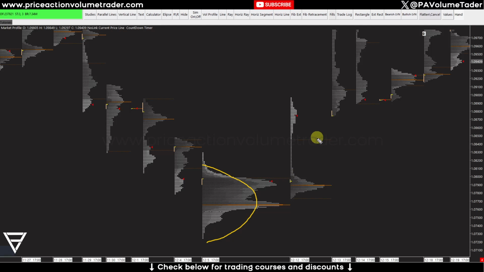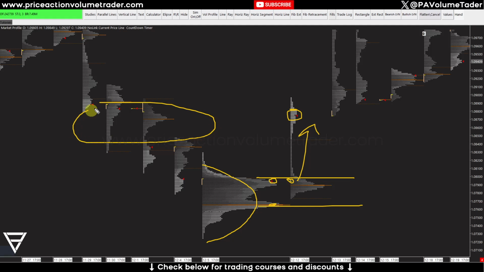We have our value area from the 5-day balance right here with the point of control here. Then you can see on the last day we closed right near the top. We opened here on day number 6, and then we had a strong reaction up, and now we close right near previous areas of balance here.